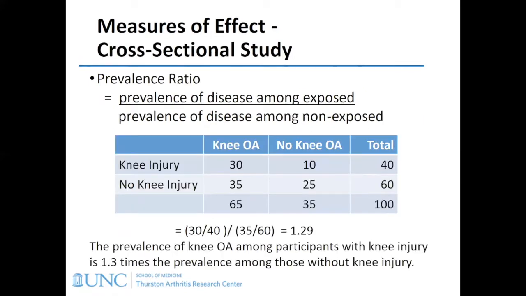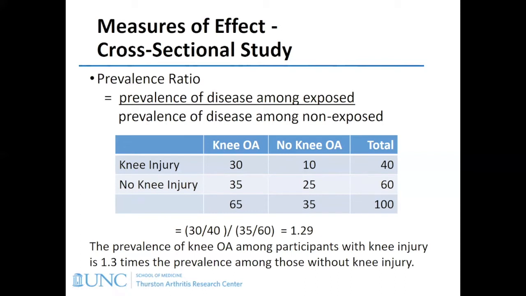So for the cross-sectional study, I mentioned that we calculate prevalence. And so the calculation for the prevalence ratio is quite straightforward. It's just looking at the prevalence of disease among the exposed compared to those who were not exposed. So this is where we're looking at the association of knee injury and knee osteoarthritis.